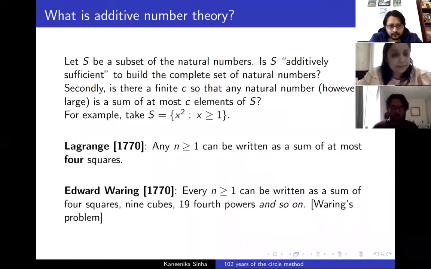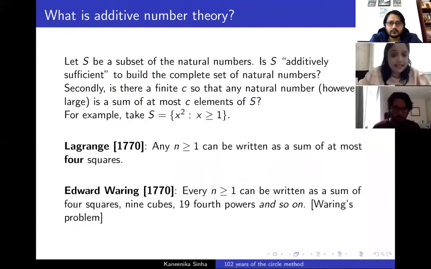Around the same time, Edward Waring made the following conjecture. And we have to be very careful with the wording of this conjecture. It says, every n greater than or equal to 1 can be written as a sum of 4 squares, 9 cubes, 19 fourth powers, and so on.